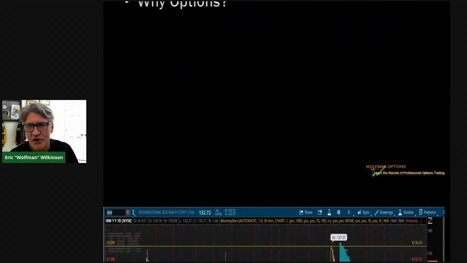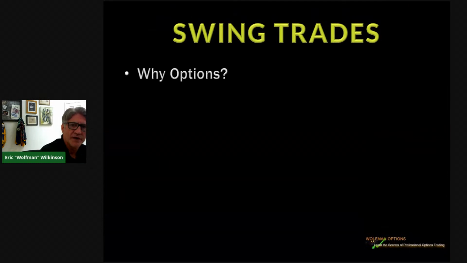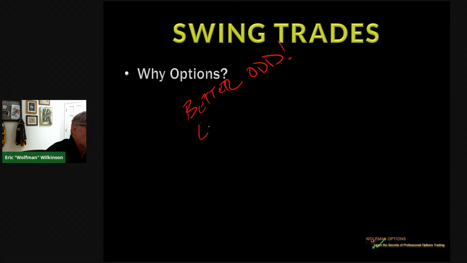All right, so why options? I kind of mentioned this earlier, right? Here, I'll go back to this and just write them down for you. You have better odds. Better odds or better probabilities really is what I usually say, but I don't want to write probabilities all the way out. So you have better odds. You also have less risk, right?